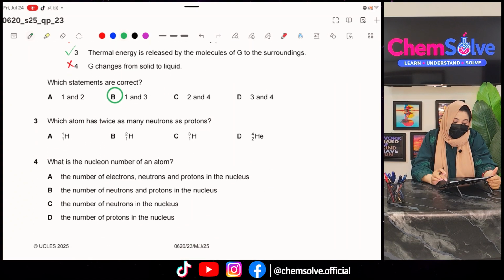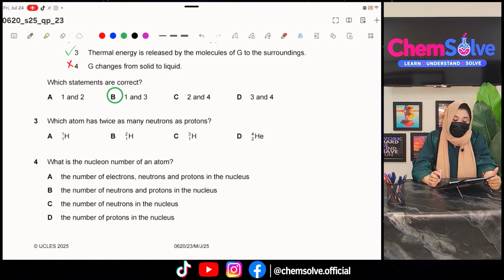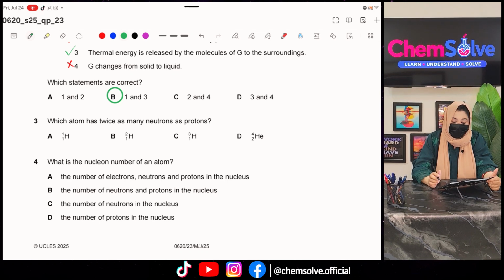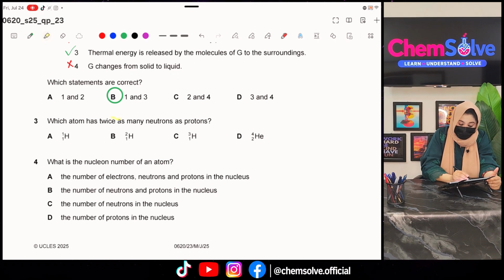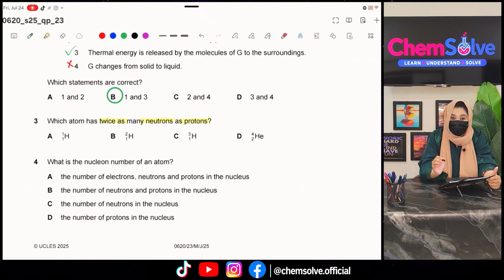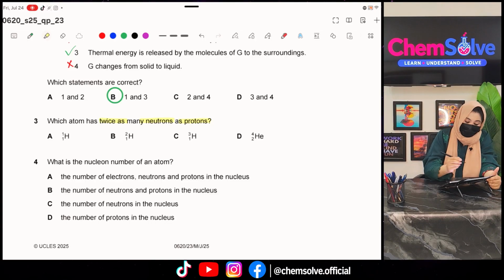Okay, question number 3. Which atom has twice as many neutrons as protons? The number of neutrons should be twice that of the protons. Okay, let's see.